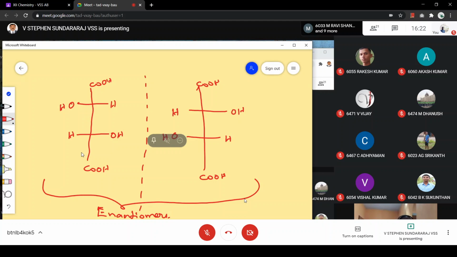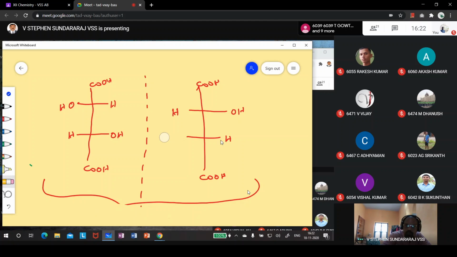But now see, I am writing one more diagram. The same one I will convert this into. I will remove this enantiomer word. So I am going to show you the diastereomers.